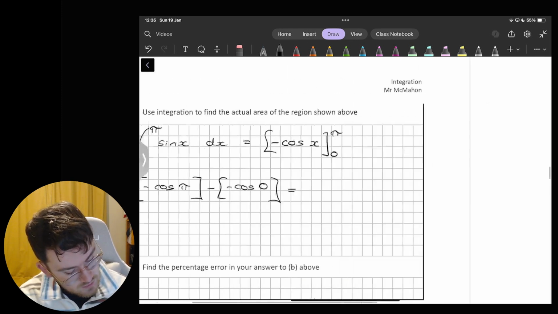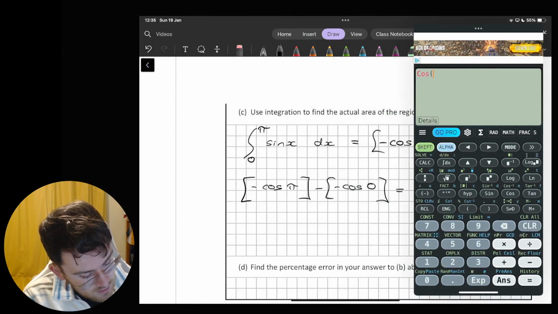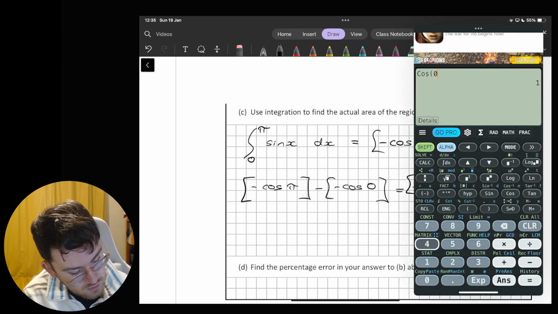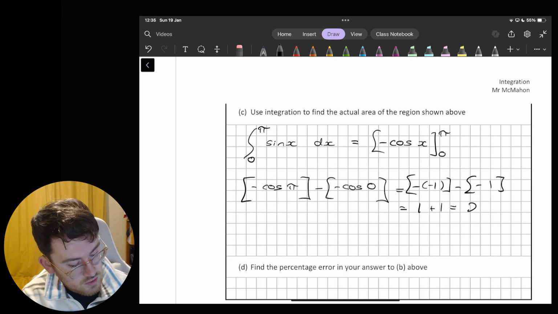Cos pi is minus 1, so that's minus minus 1, and cos of 0, which we should know already, is just 1, minus 1. So that's 1 plus 1, which is 2.